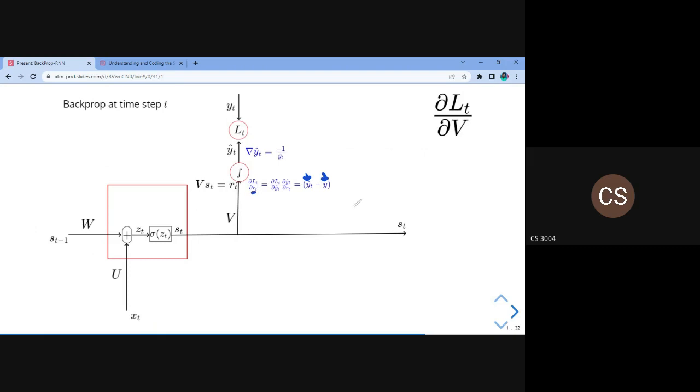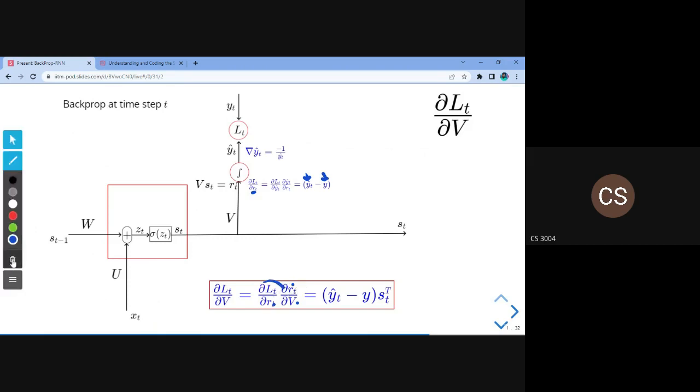But what I want is the gradient for the matrix V, which is dou LT by dou V. So how do you compute dou LT by dou V? How are they related in the first place? If you write down this equation, first LT depends on RT and then RT depends on V. Remember, if I follow the denominator layout, I have to switch these terms to have proper multiplication, but I'm just writing it for clarity.